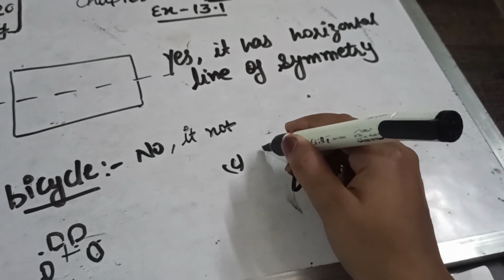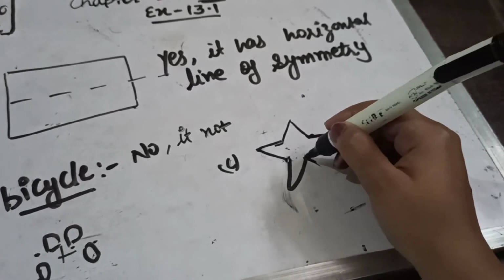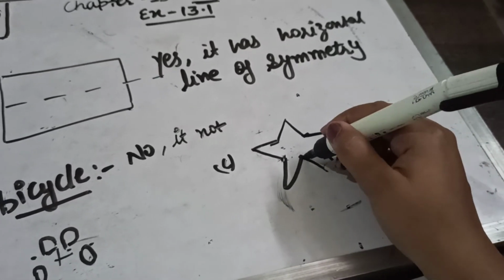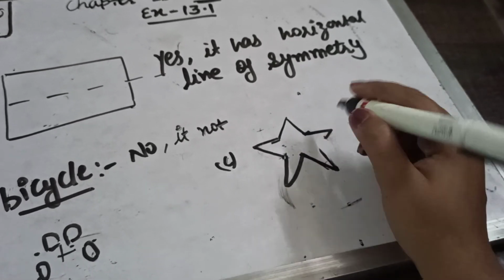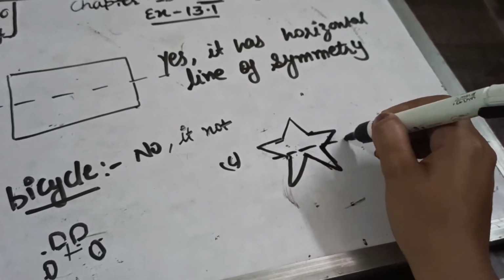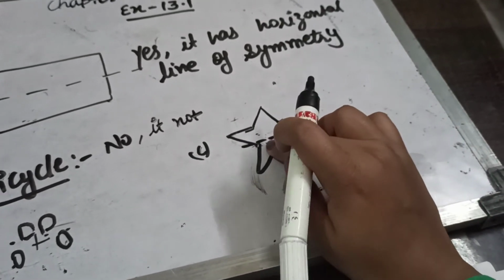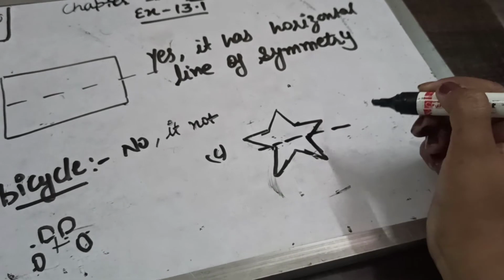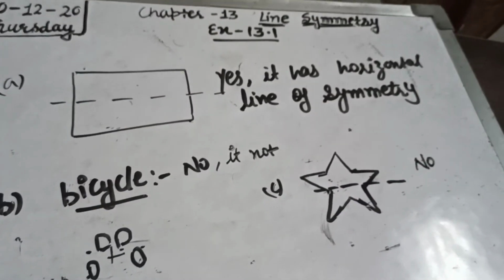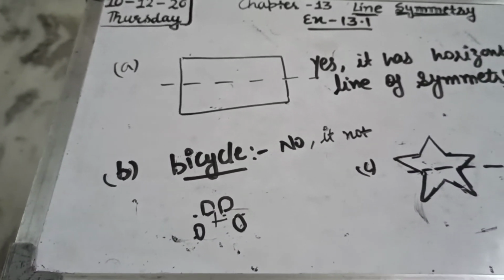We have to check the horizontal, right, for this. So here, if we go with the horizontal part like this, then is it equal, both parts? No, they are not equal, right? So this also does not have a horizontal line of symmetry. Clear this?